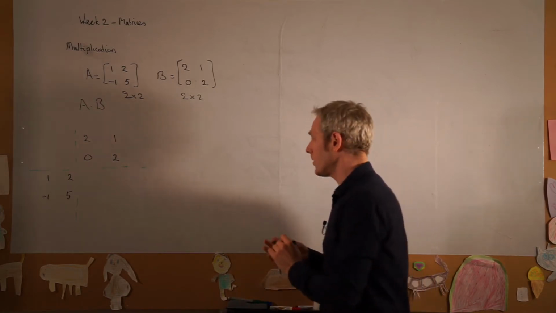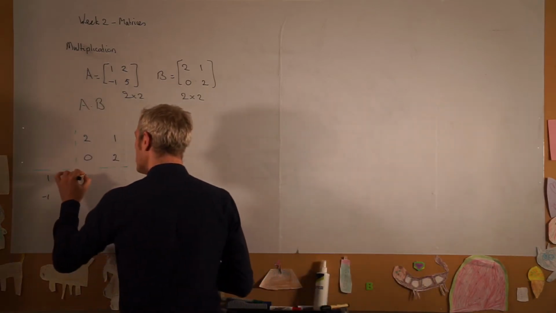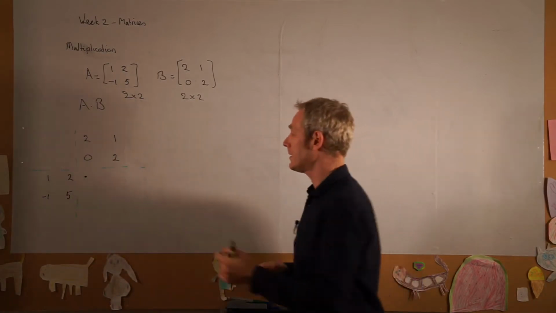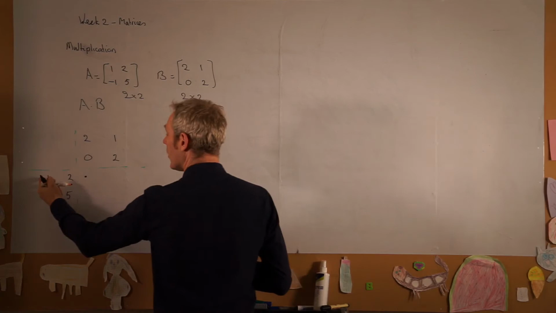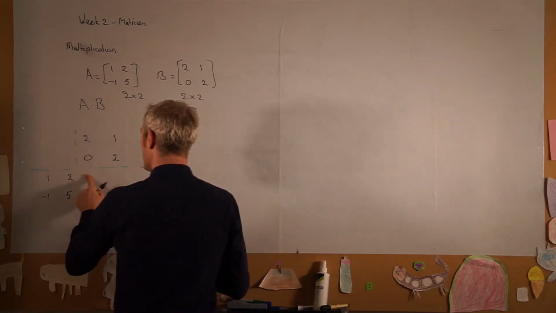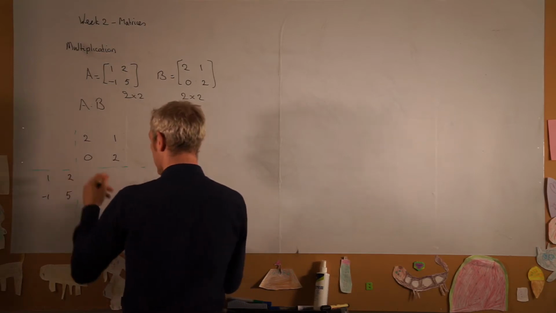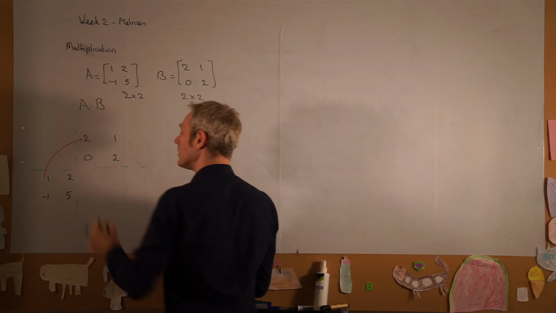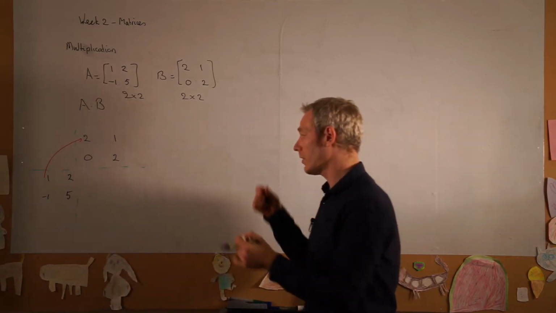What we do, I'll get to this element first. This element can be found by taking the first element of row 1. So we take the element of row 1, multiply it by element on column 1.